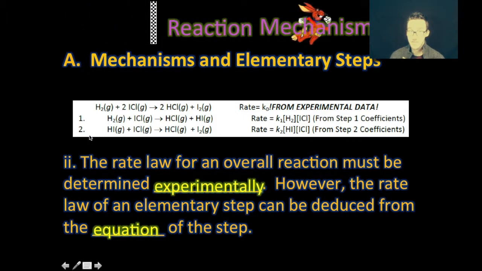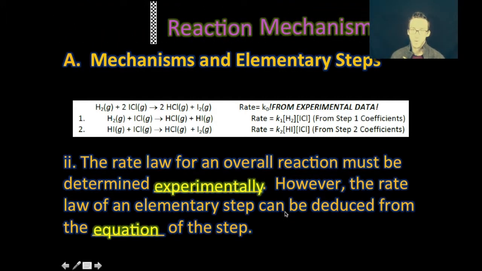That same thing happens in the second step. We see its own rate constant times the concentration of HI to the first times the concentration of ICl to the first. And again, that comes from the coefficients in the balanced chemical equation.